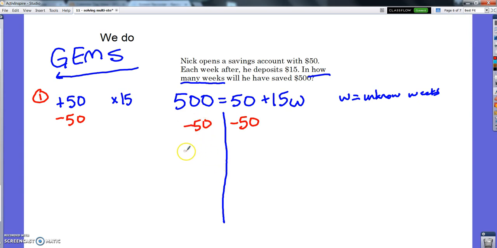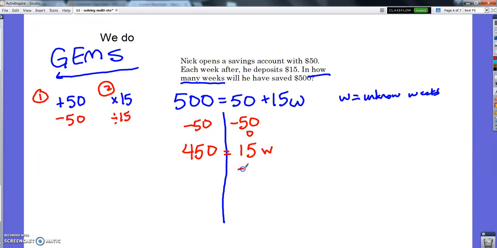When I do that, I'll be left with 450 on this side. This makes 0. So now I've got 450 equals 15 times W. And so now the opposite of times 15 is divide by 15. That's my second one because I'm doing multiplication and division second in reverse order.